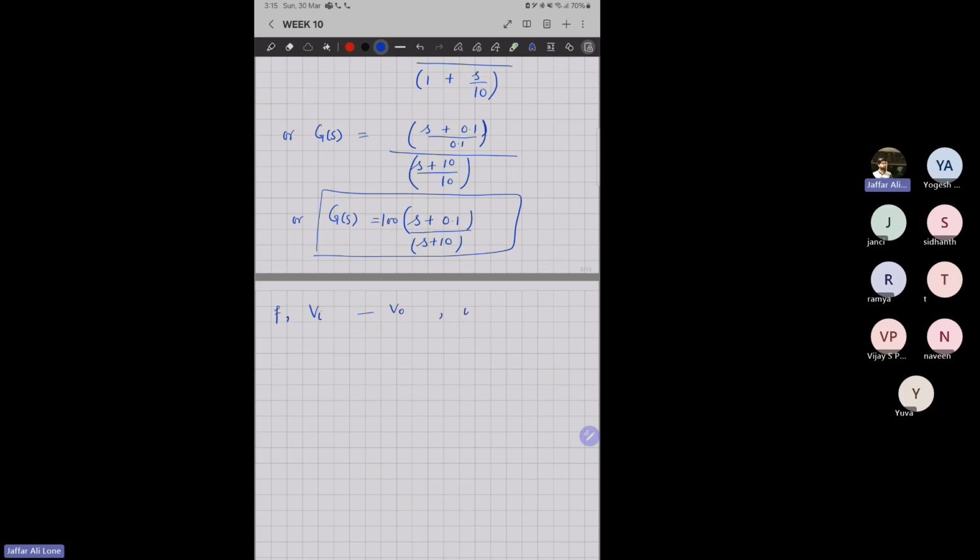You can compute omega equal to 2 pi f. Then you can also compute 20 log of V naught by Vi, output over input. This is my magnitude and this is my omega. For different frequencies, I'll get different outputs and accordingly in dBs, different values. So I plot that, I get a Bode plot.